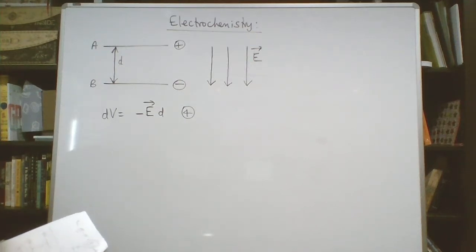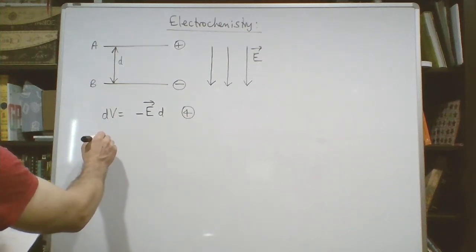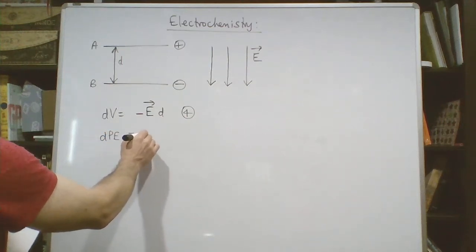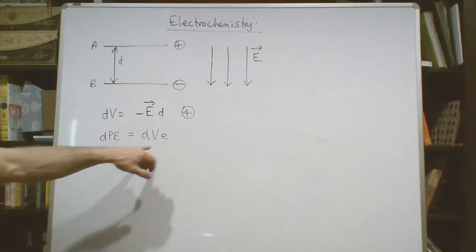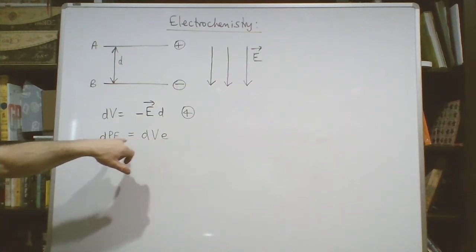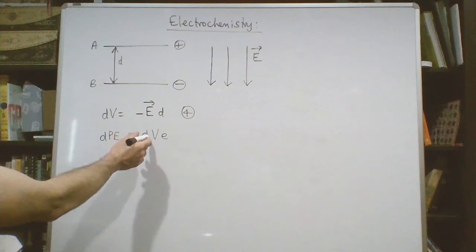Let's also remind each other of a previous equation. Previously we saw that the change in potential energy is the change in voltage times the electric charge. So recall that we had the electric charge down here. Now I've just brought it over here so that I can introduce this equation into here.